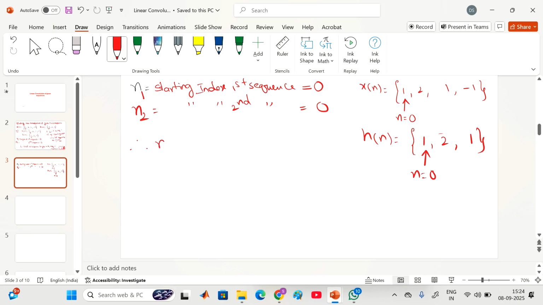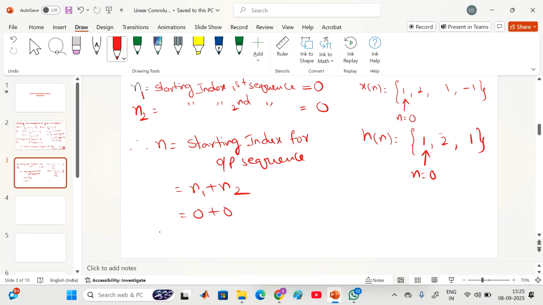So therefore, small n is equal to the starting index for the output sequence. Therefore, the formula is n1 plus n2, 0 plus 0. Therefore, the n value is starting with 0.